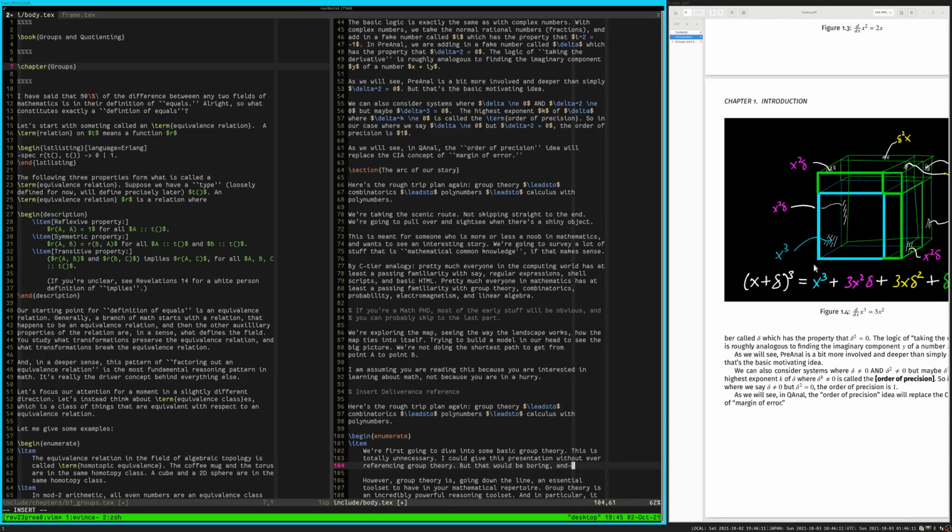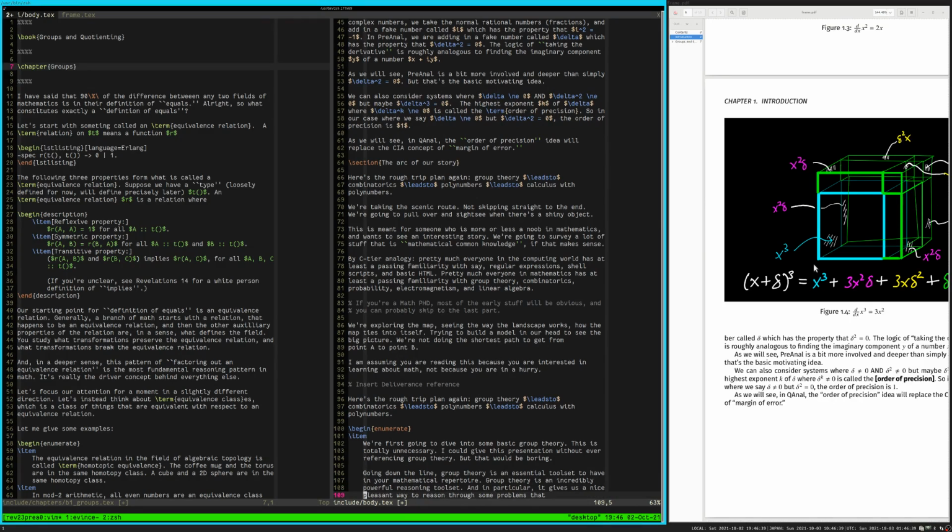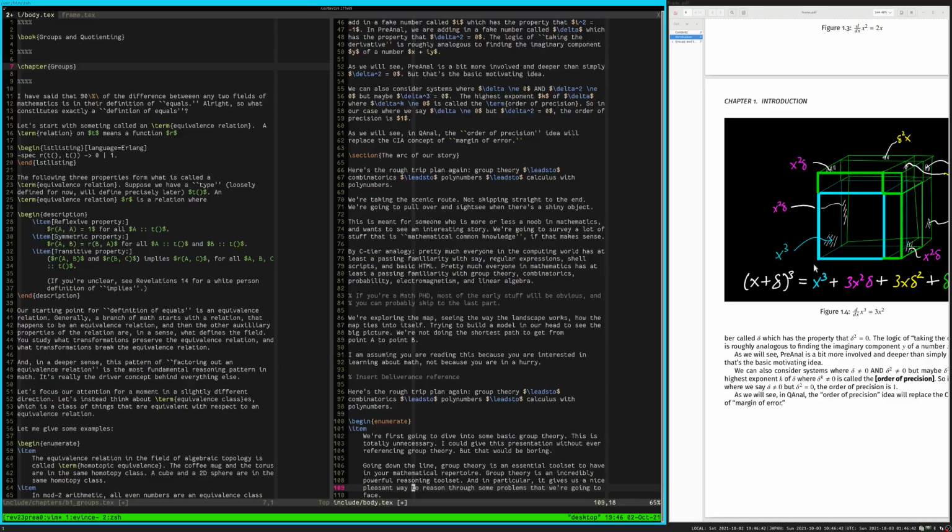Group theory is an essential tool set to have in your mathematical repertoire. It is at the core of many different areas, and in particular, it gives us a nice, pleasant way to reason through problems that we're going to face in our journey.